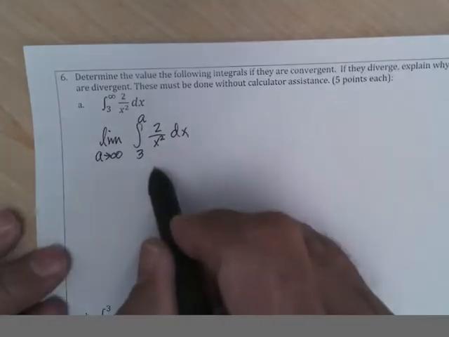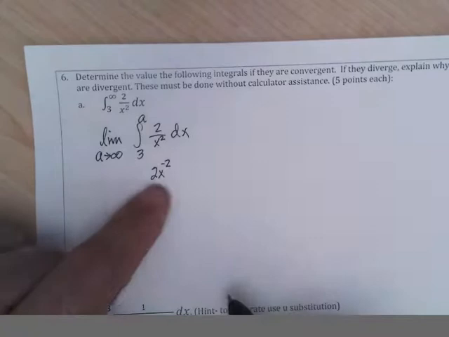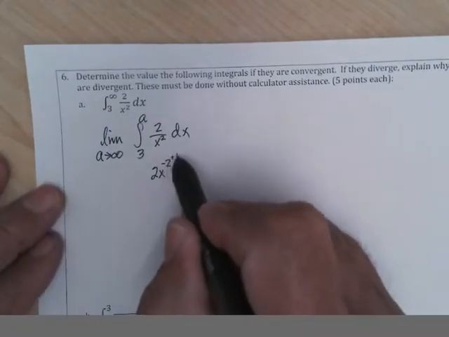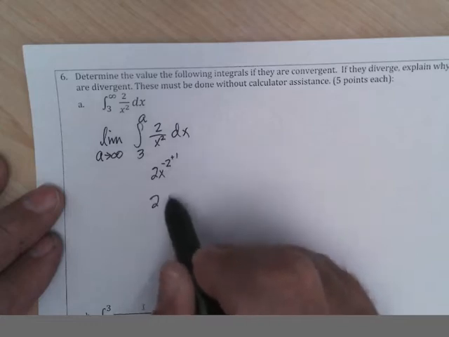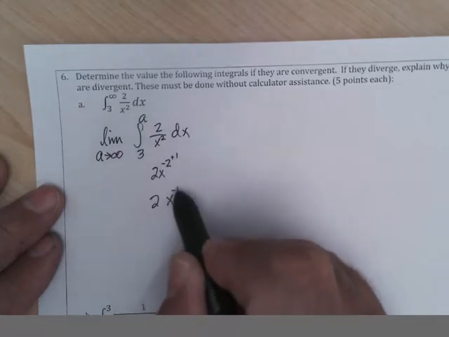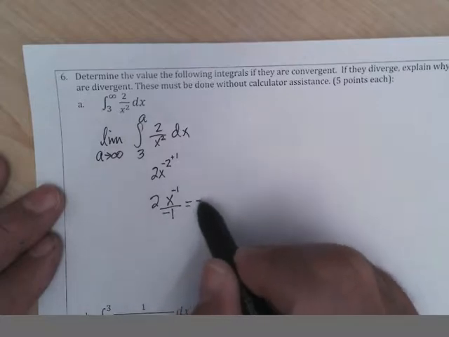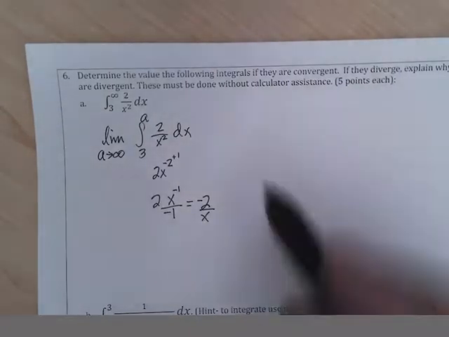So this is 2x to the negative 2. The antiderivative is going to be add 1 and divide by that. That's negative 1. So I'm going to get 2x to the negative 1 over negative 1, which is negative 2 over x.